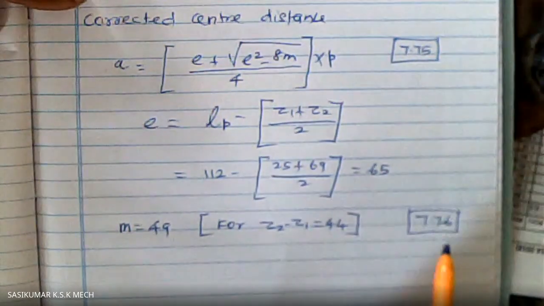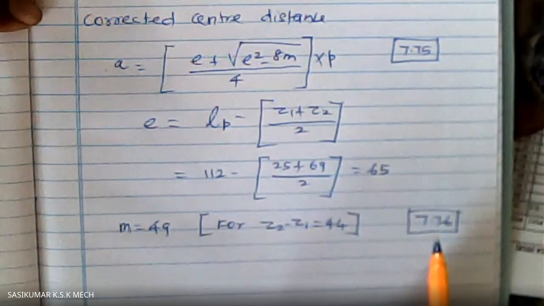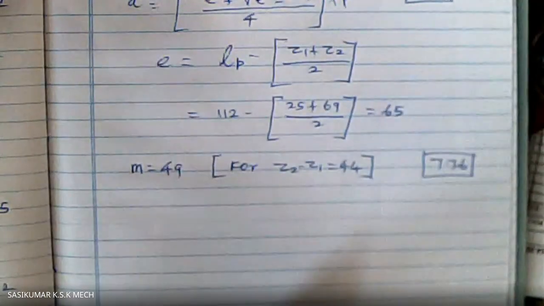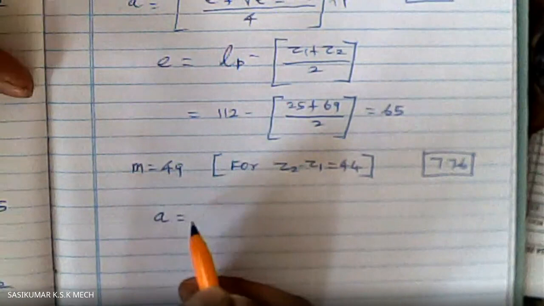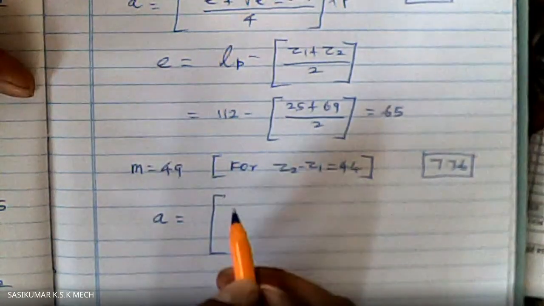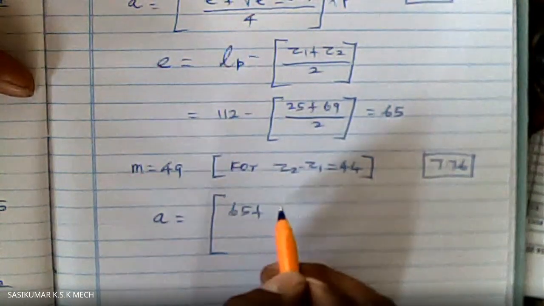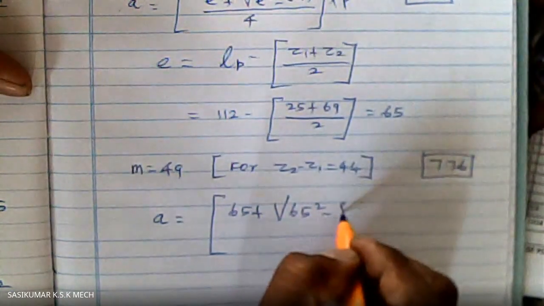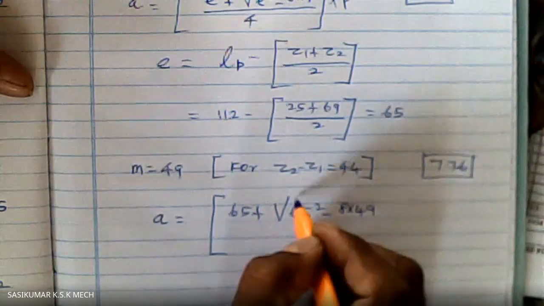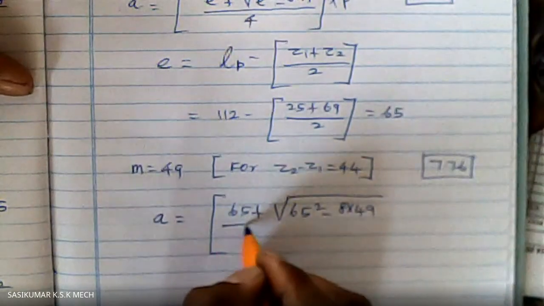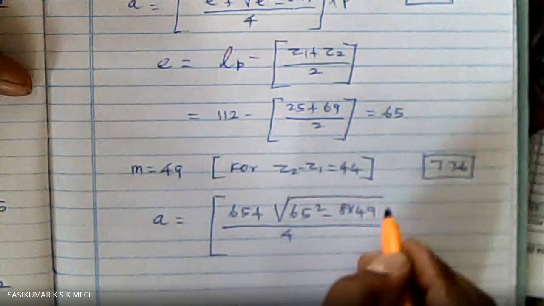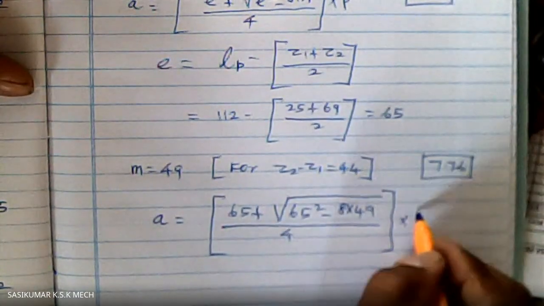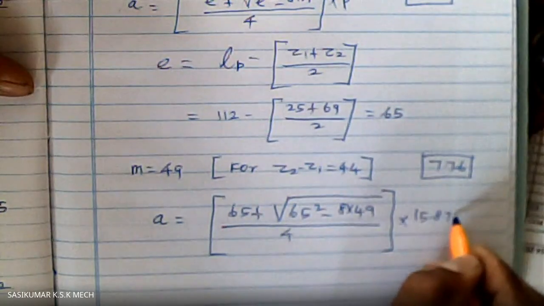By referring to page number 7.76, m is taken as 49. So now the corrected center distance A is equal to (65 plus square root of 65 square minus 8 into 49) divided by 4, into 15.875.